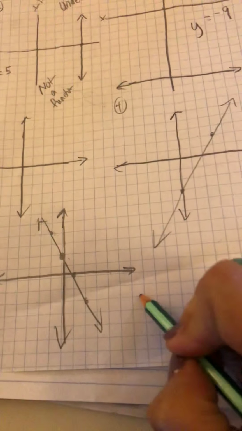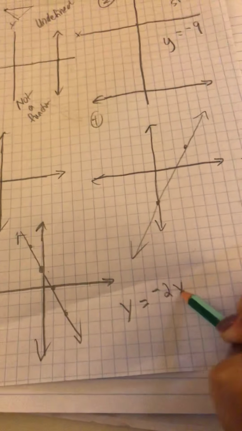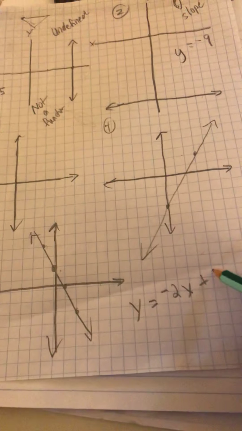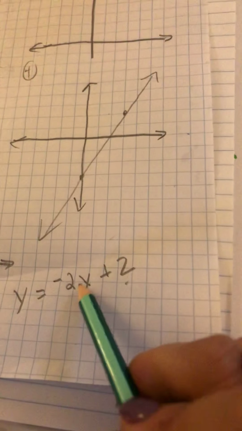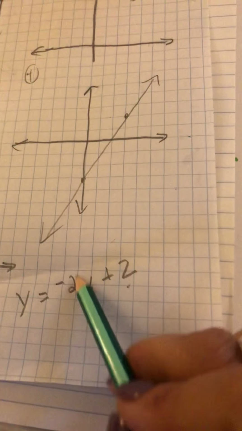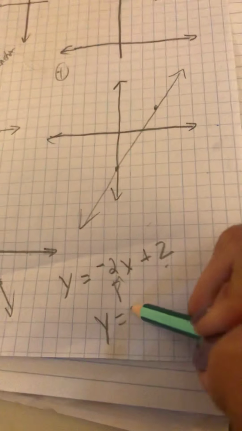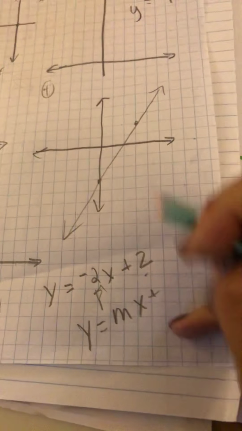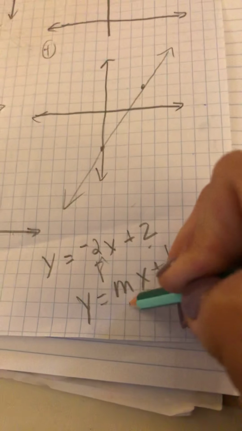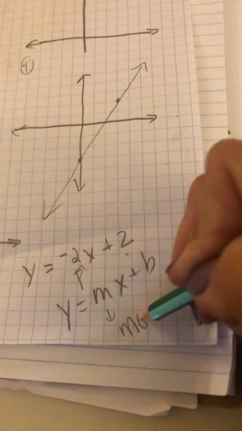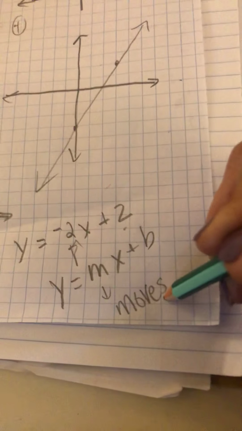So I would write that y equals negative 2x plus 2, because right here is my y-intercept, and the coefficient with the x is my slope. When we say y equals mx plus b, the m beside the x stands for slope because the slope moves. M for moves.